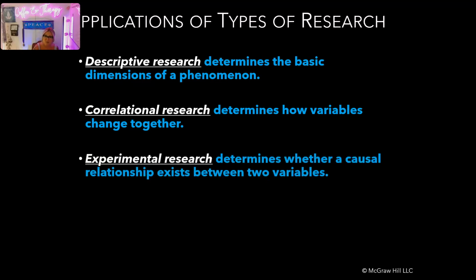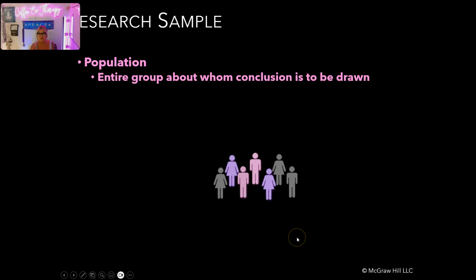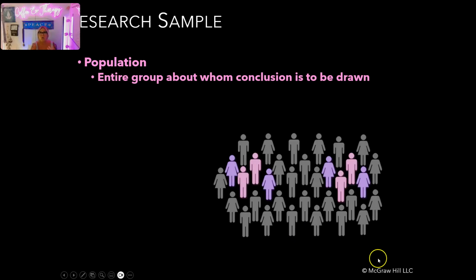And then experimental research determines whether a causal relationship exists between two variables. So descriptive is just looking at the phenomenon. Correlation is looking at changes. Experimental is looking at causal relationships. Each type has strengths and weaknesses. In any good research, you're going to have strengths and weaknesses.